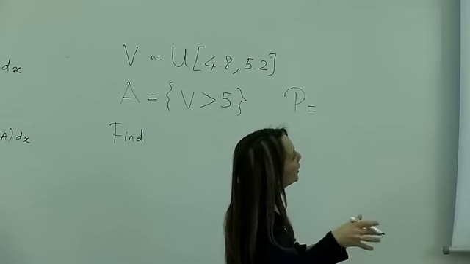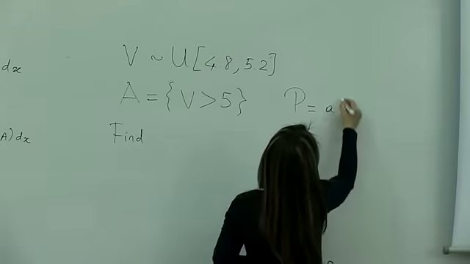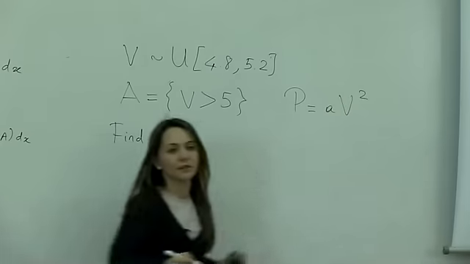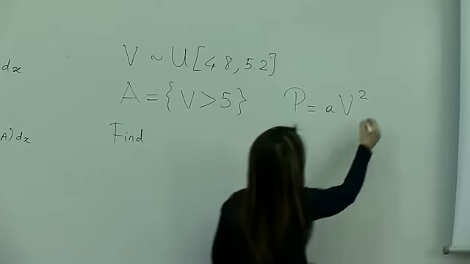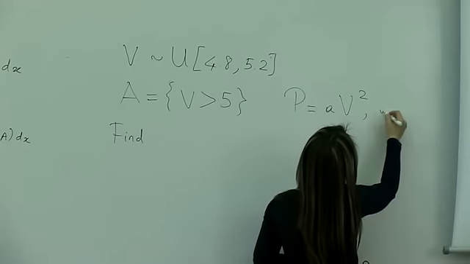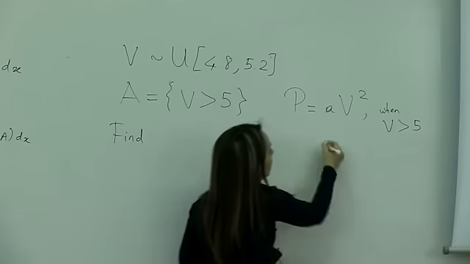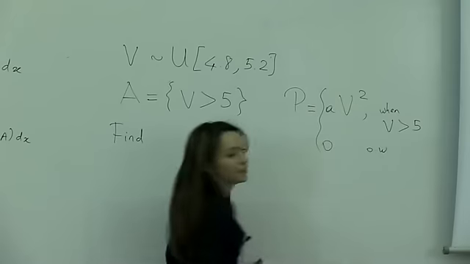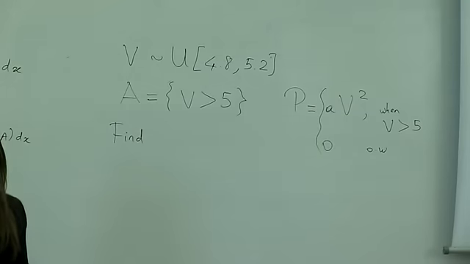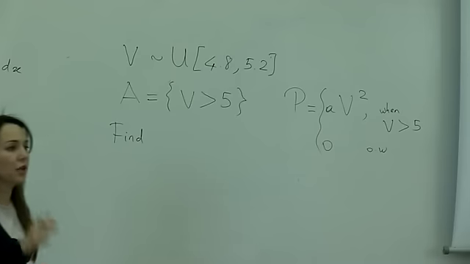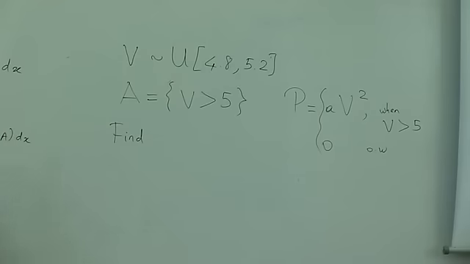So I would say I is equal to A times V, according to the statement of the problem. So P is A V squared, how about that? Let's accept this as a given, provided V is bigger than 5, and it's 0 otherwise. This is P. Is P a random variable? Yes. P is a random variable which is a function of the random variable V, just like g of x here.